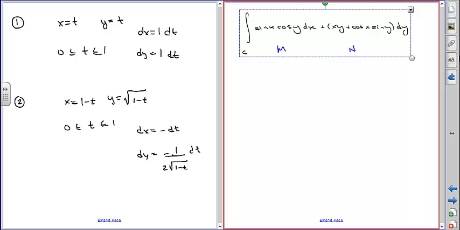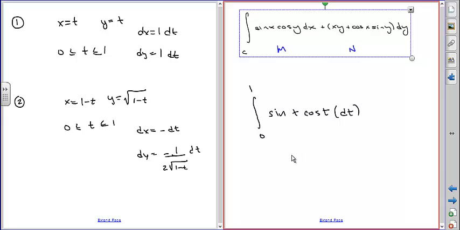Okay, so now we'll put this integral together. You get the integral from t equals 0 to 1 of the sine of x, which is t, times the cosine of y, which is t, times dx, which is dt.